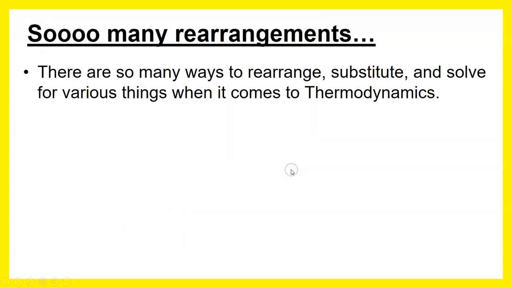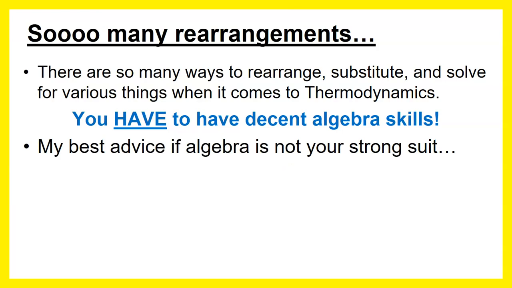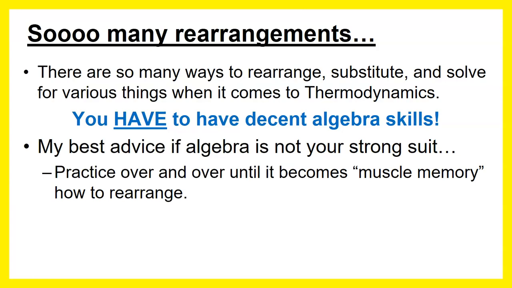Now, there's so many rearrangements. There's so many ways you could set things equal to each other. You gotta have decent algebra skills. If your algebra is not your strong suit, then you need to practice and practice and practice. You have to develop some muscle memory for ways you can rearrange these equations.